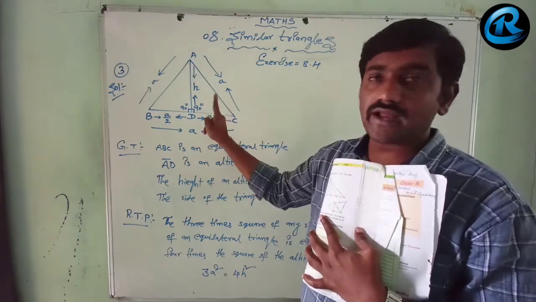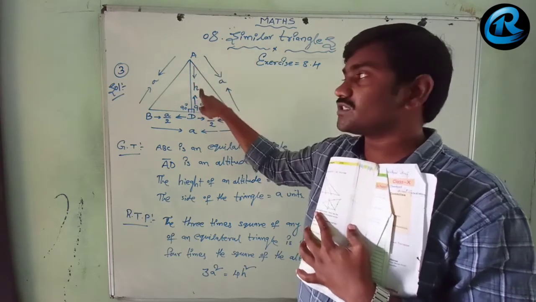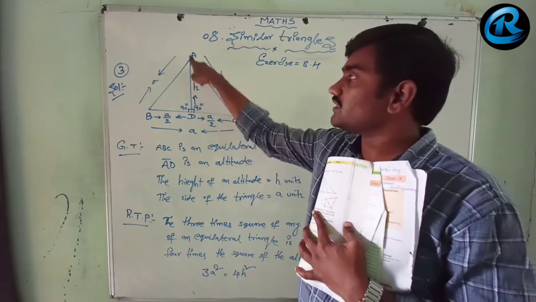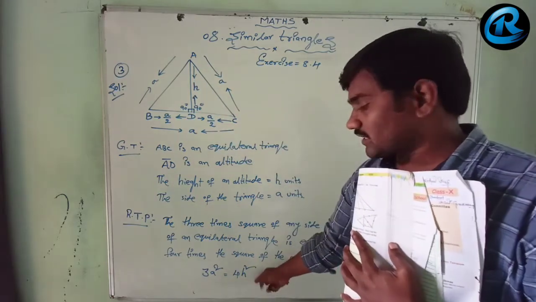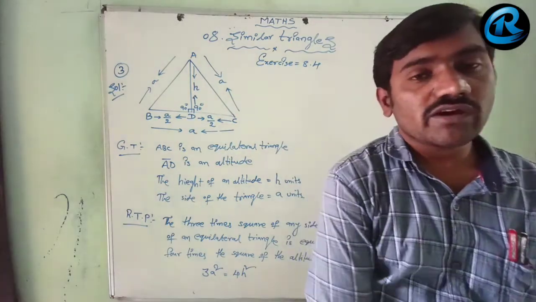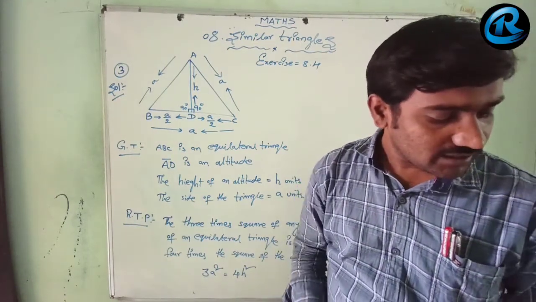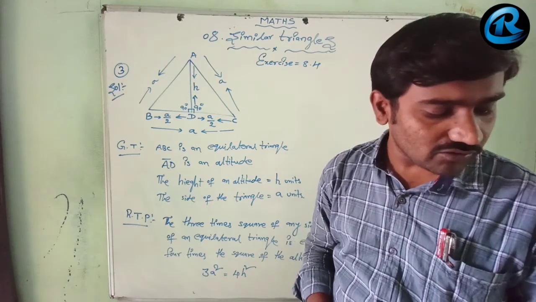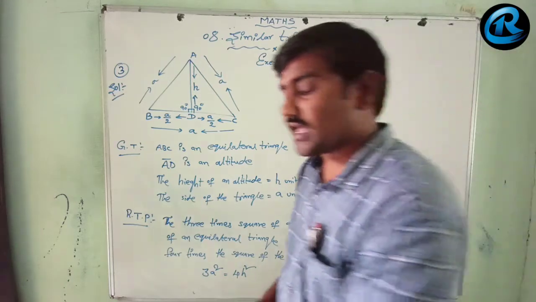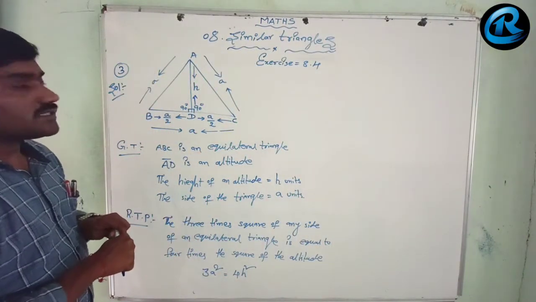So the height of the altitude is h units. The square of this altitude is h square. 4 times of this is 4h square. This is what we have to prove, 3a square equal to 4h square. That is 3 times the square of any side of an equilateral triangle is equal to 4 times the square of its altitude. Very easy one.